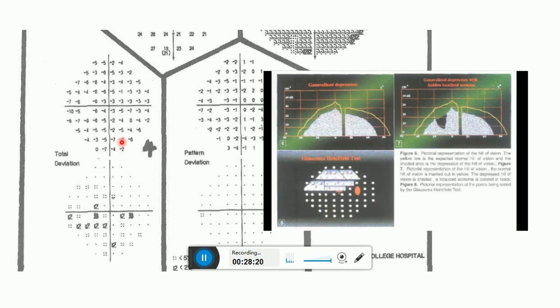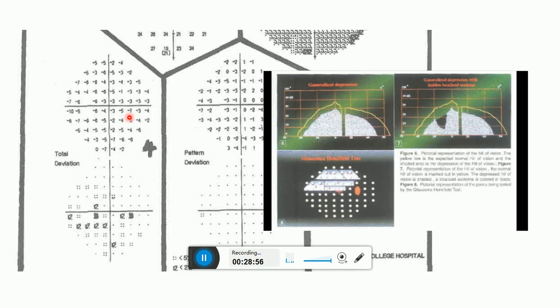This comparison gives the amount of deviation of the retinal sensitivity from normal at each point tested. 0 on a total deviation numerical plot indicates no deviation from normal. A negative value indicates a decrease in retinal sensitivity, with higher negative values indicating worse retinal sensitivity.